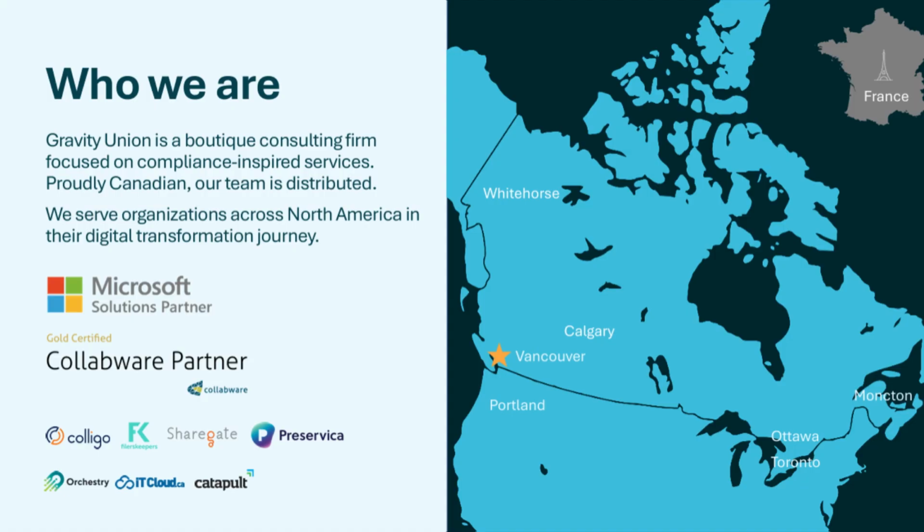There are a lot of different platforms and systems out there, and we do focus on compliance and records management as well. And so we work with Purview as well as a few other partner systems. So you can see some of that up here. I just wanted to set the stage in case this is your first introduction to Gravity Union, who we are.